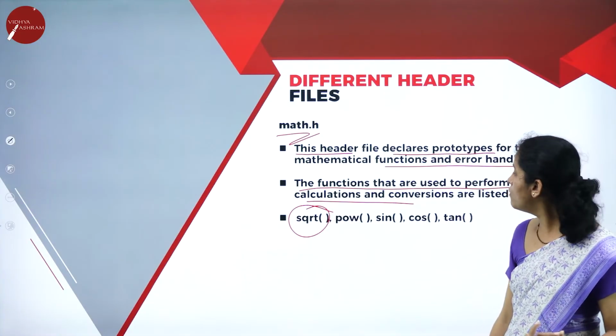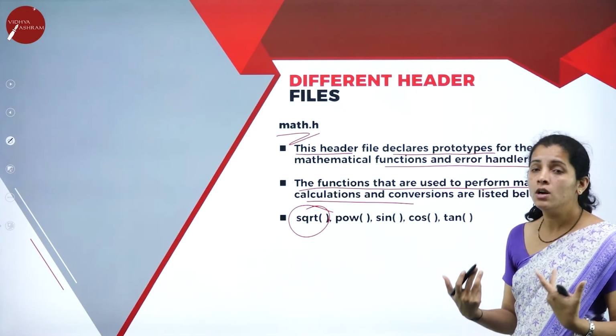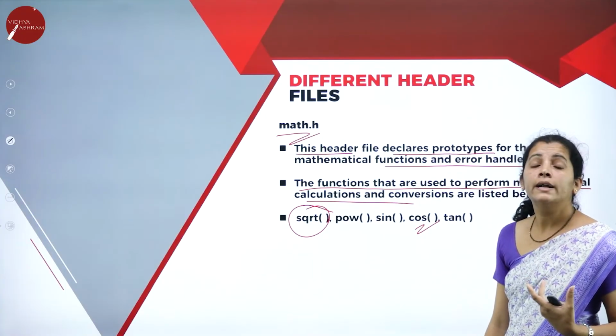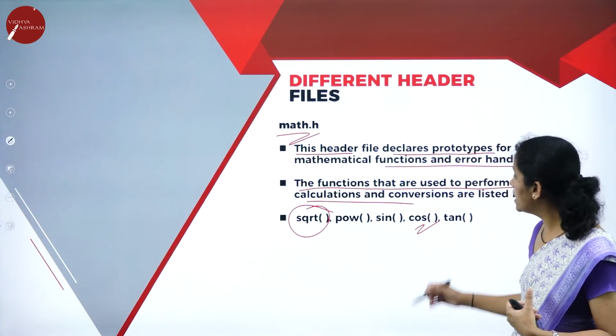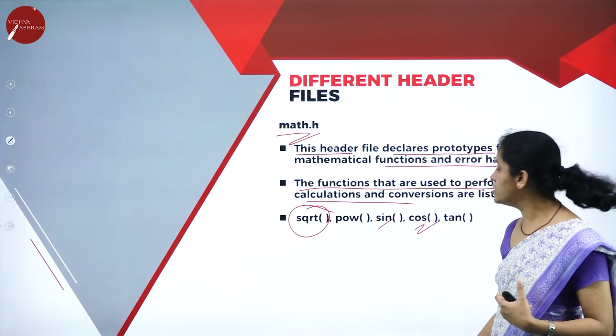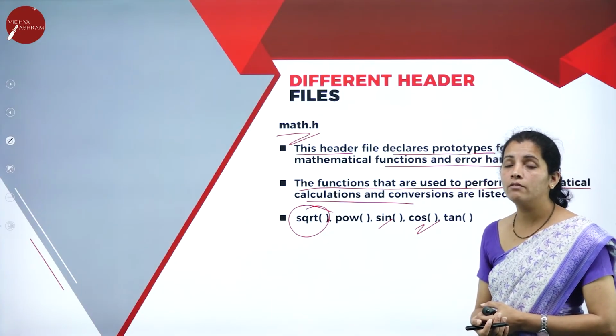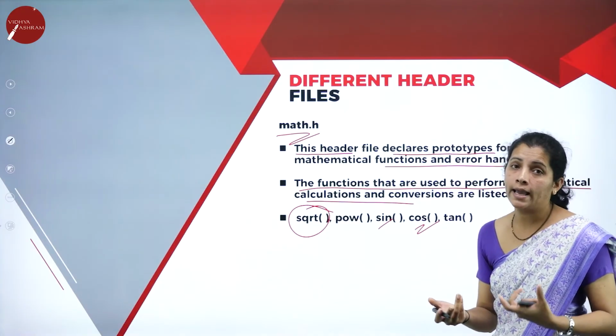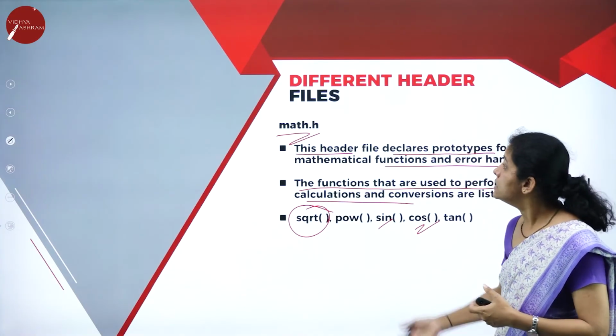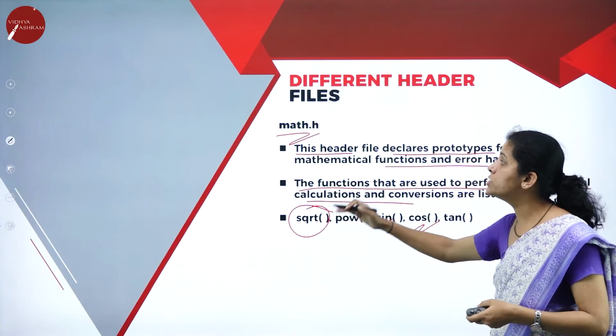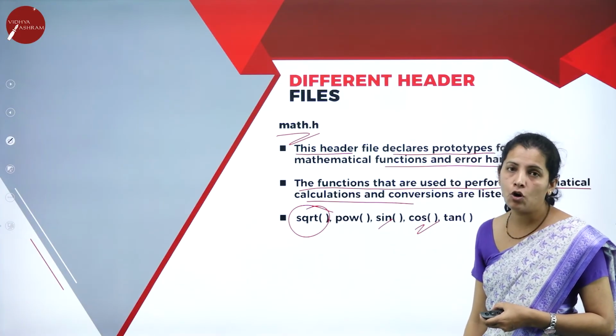If I want to perform sine, cosine, or tan operations, I can use the sin, cos, and tan functions. And if I want to find the absolute value, I can use the abs function. These are certain functions stored under math.h.